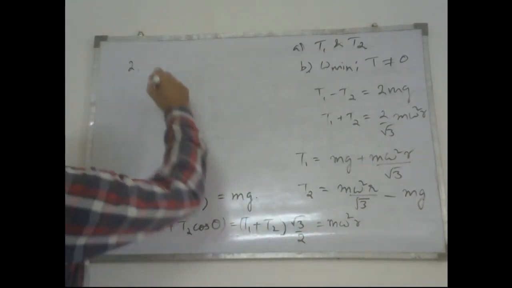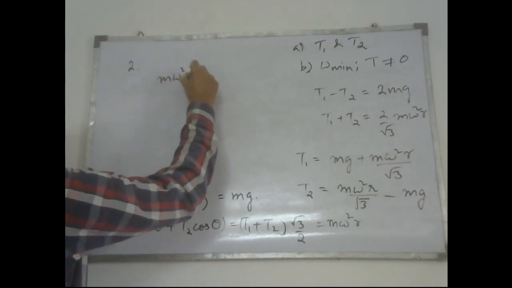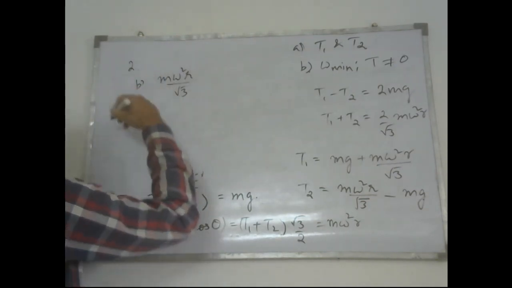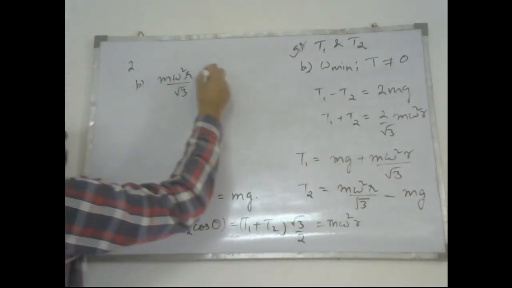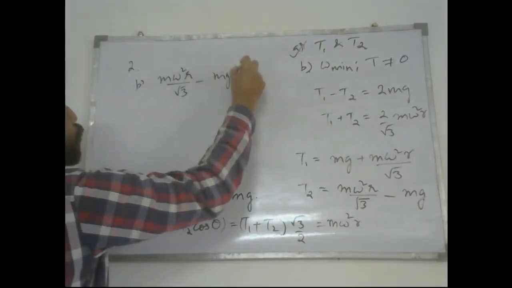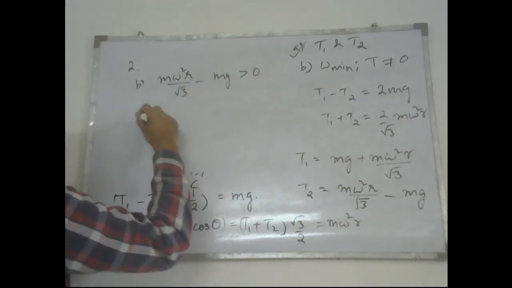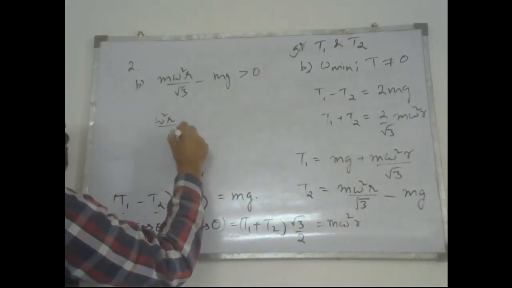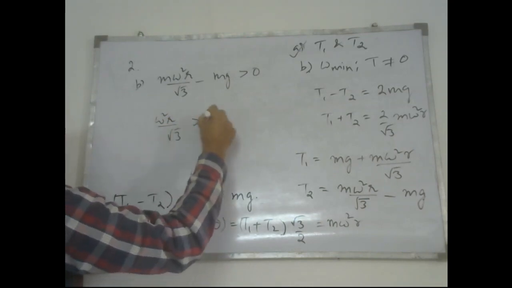So we can say that m omega square r by root 3, this is for the part B, part A we have already done, minus mg should be more than 0 for the string not to slack. So it would give us m omega square r by root 3 should be greater than g.